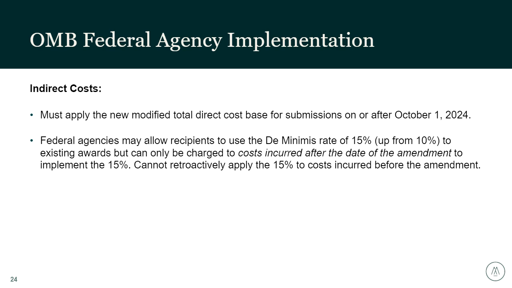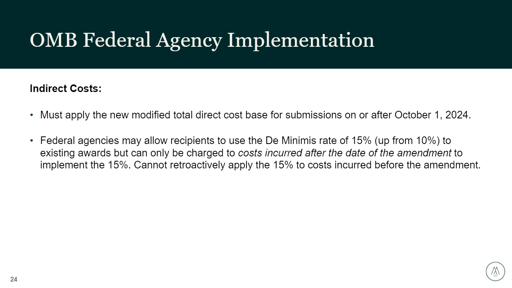Also, what OMB has told federal agencies is that federal agencies can choose, at their discretion, to apply the increased de minimis rate of 15%, up from 10%, to existing awards only after there's been an amendment. Like Matt mentioned, there needs to be an amendment before you apply these new revisions. After you've received that amendment, from that date onwards, you can start applying the 15% indirect cost.